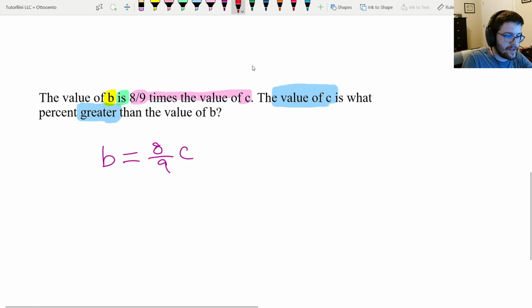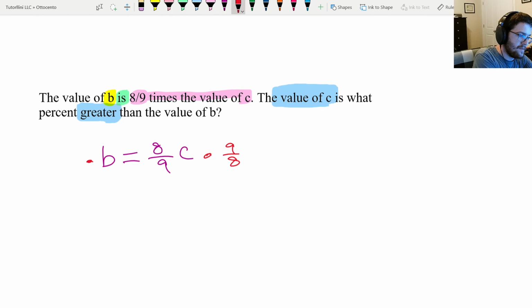So what we're going to do is divide both sides by 8/9. When you divide by a fraction, that's the same as multiplying by the reciprocal. So we're going to multiply both sides by 9/8. And we get 9/8 B. These guys cancel out.